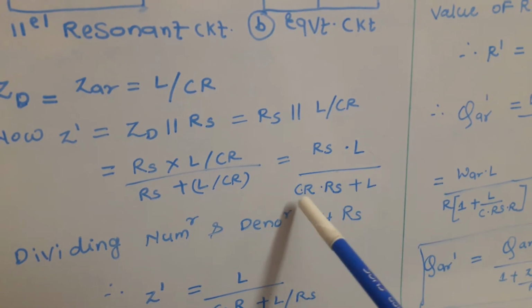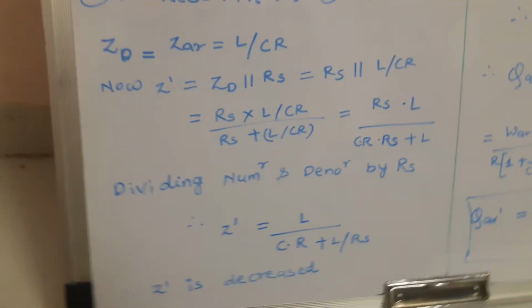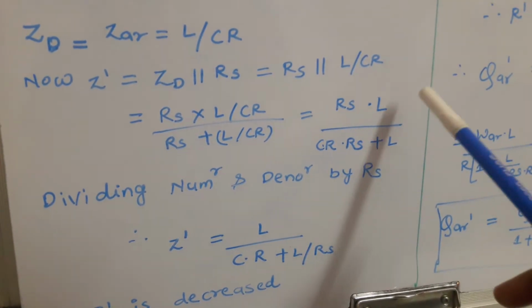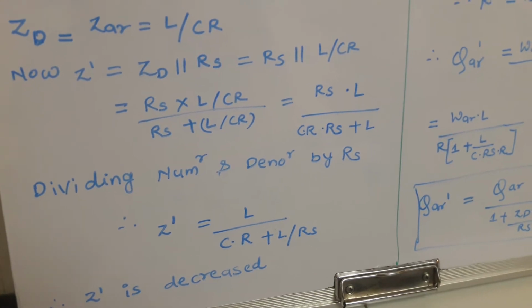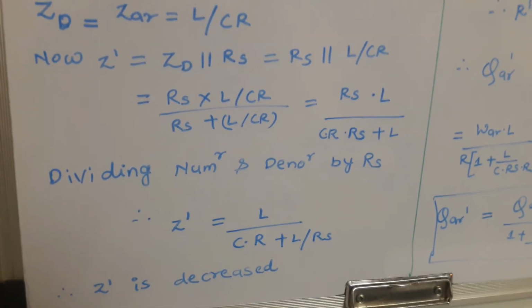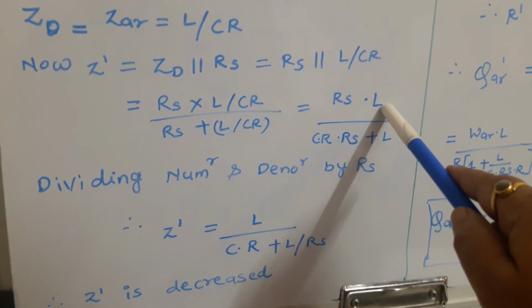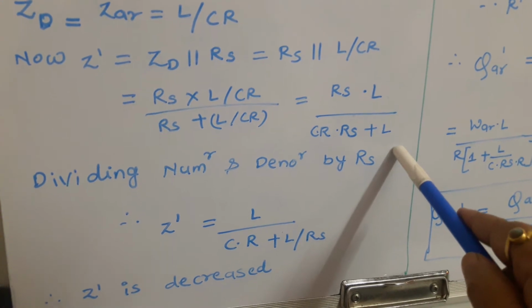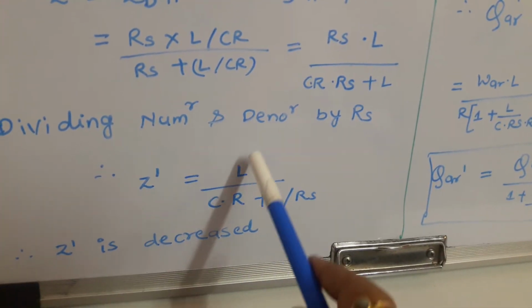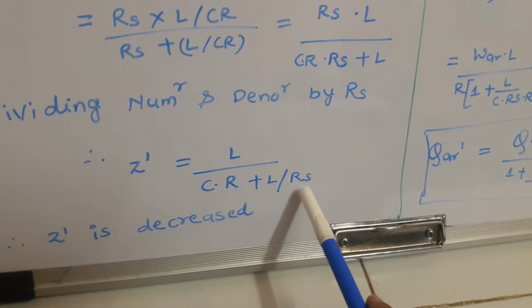So Rs dot L divided by C dot R dot Rs plus L. Now for simplicity, let us divide numerator and denominator by the source resistance Rs. So here only L will be left, here C dot R will be left, and here L by Rs will be left. So we get Z dash is equal to L divided by C dot R plus L by Rs.